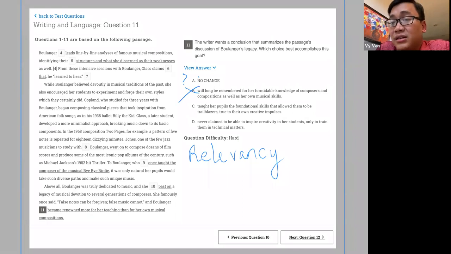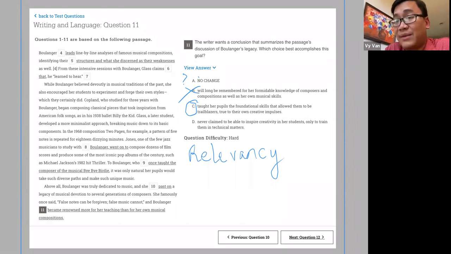C, "taught her pupils the foundational skills that allow them to be trailblazers through their own creative impulse." Well, this is exactly what I just said. Boulanger emphasized providing her students with strong knowledge, theory, and skills. And also, she wanted them to go on to be creative, to be unique themselves.